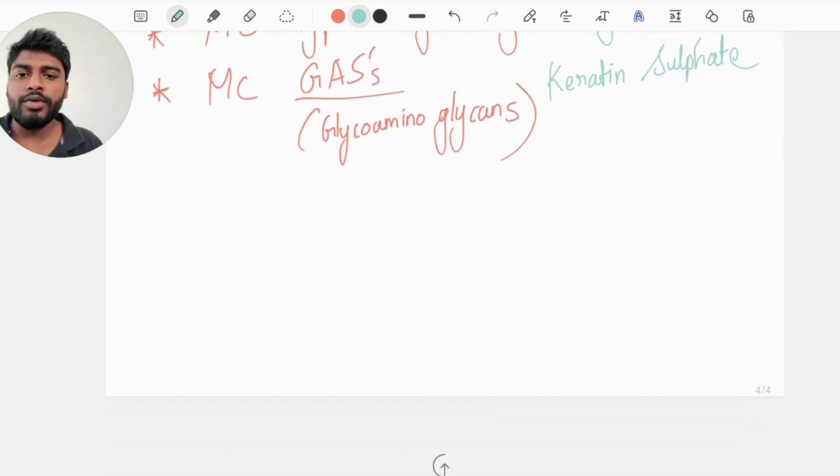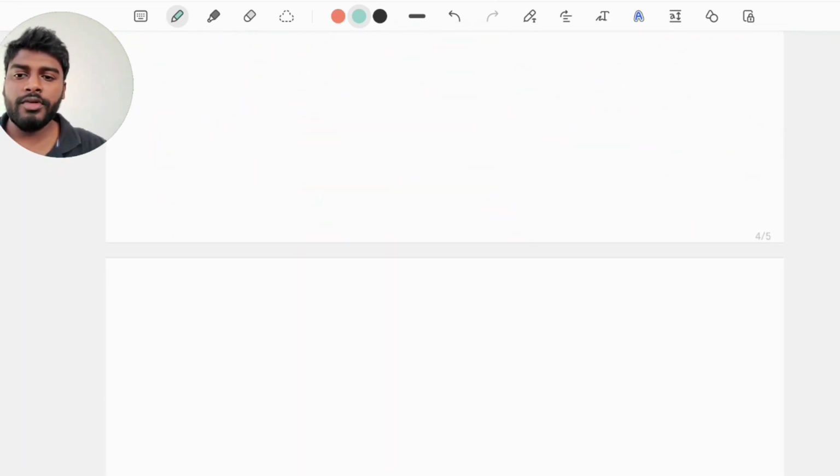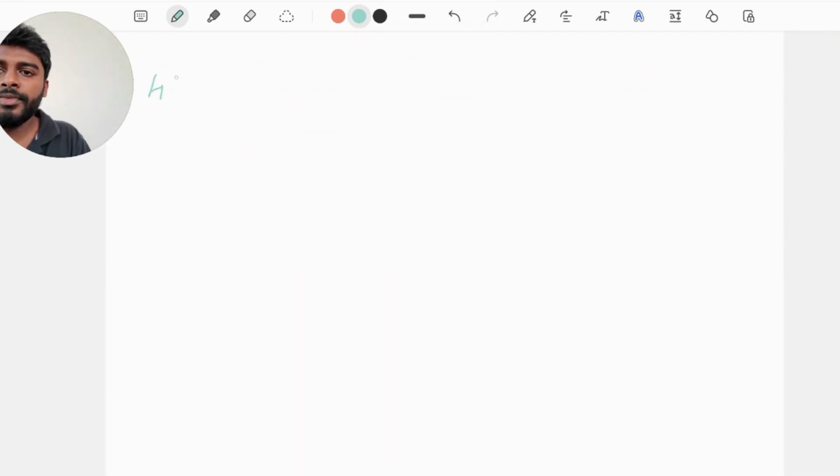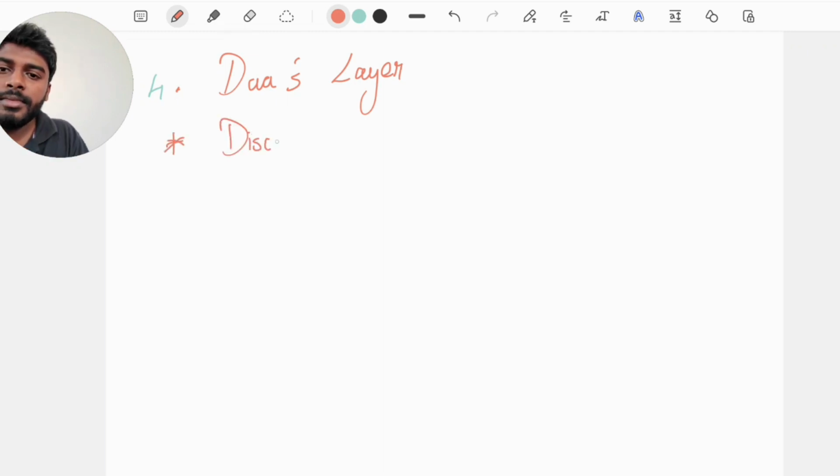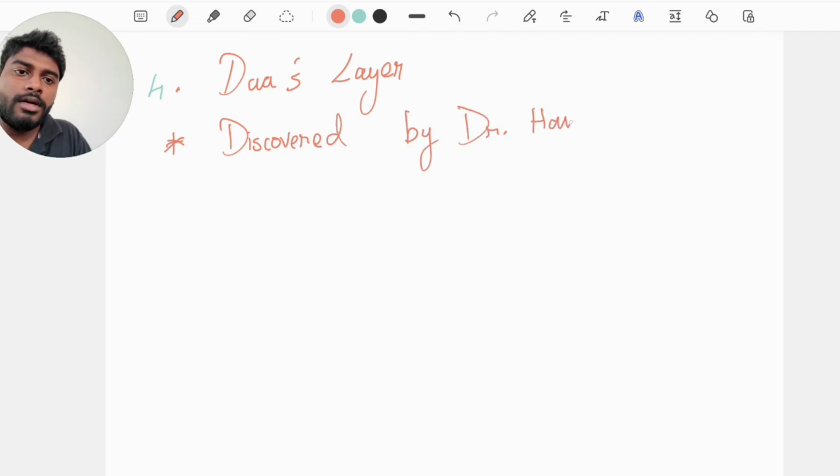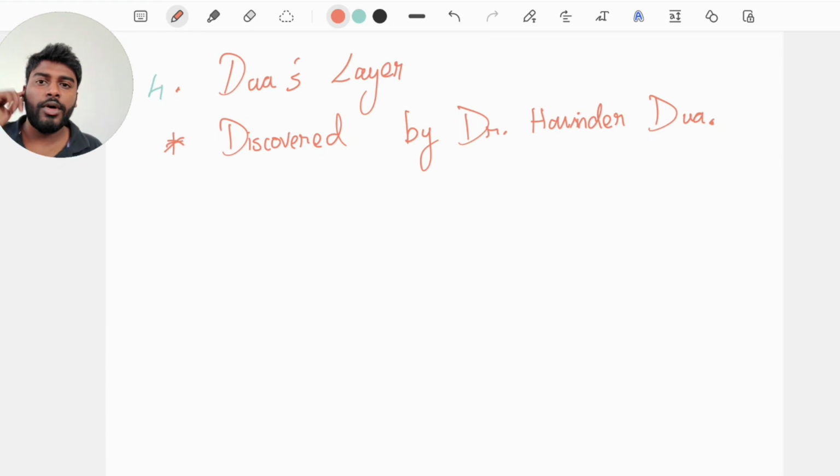Next we will move on with the fourth layer of the cornea, called Dua's layer. This layer was discovered by Dr. Harminder Dua, which is the reason it got the name Dua's layer.